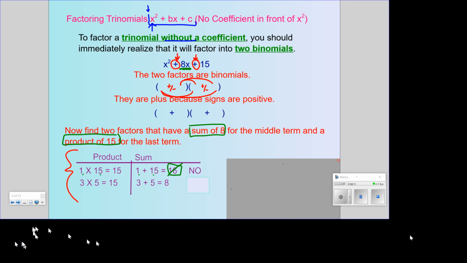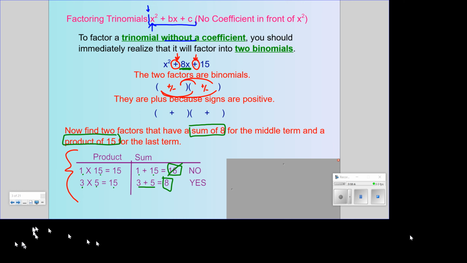Let's now look at another set of factors of 15. So 3 times 5 have a product of 15, which is good. And this time 3 plus 5, when I now add 3 and 5, that gives us a sum of 8 for the middle term that we were looking for. So this is the appropriate combination of factors that produce the product and sum that we're looking for.